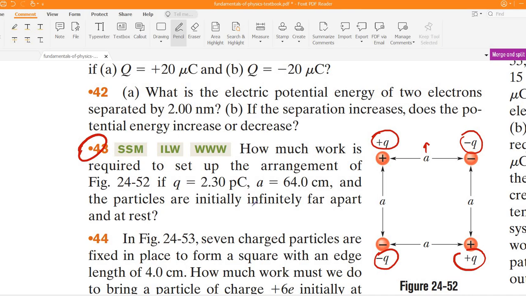So if they were initially infinitely far apart, there was no interaction, and the potential energy is 0. So always remember this, well, I should better write it down. So that's 43. How should I draw this?